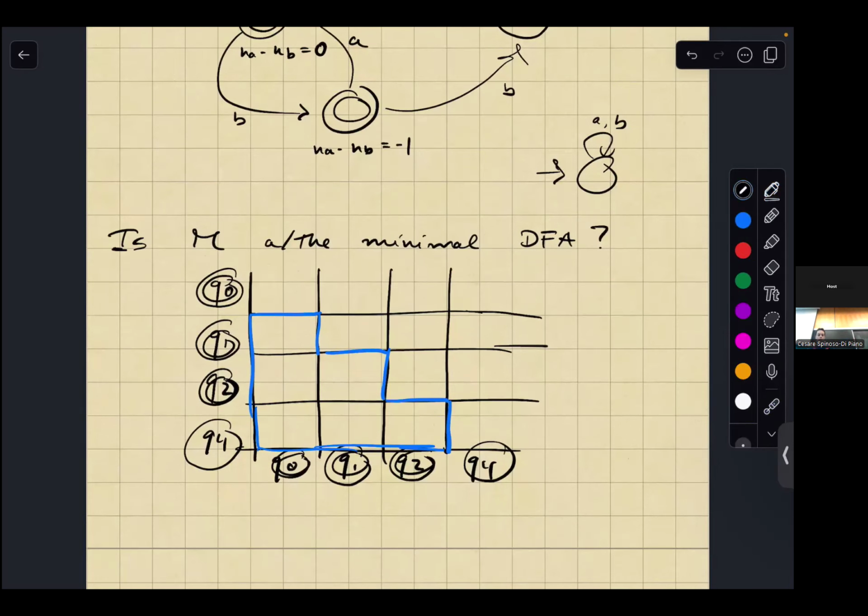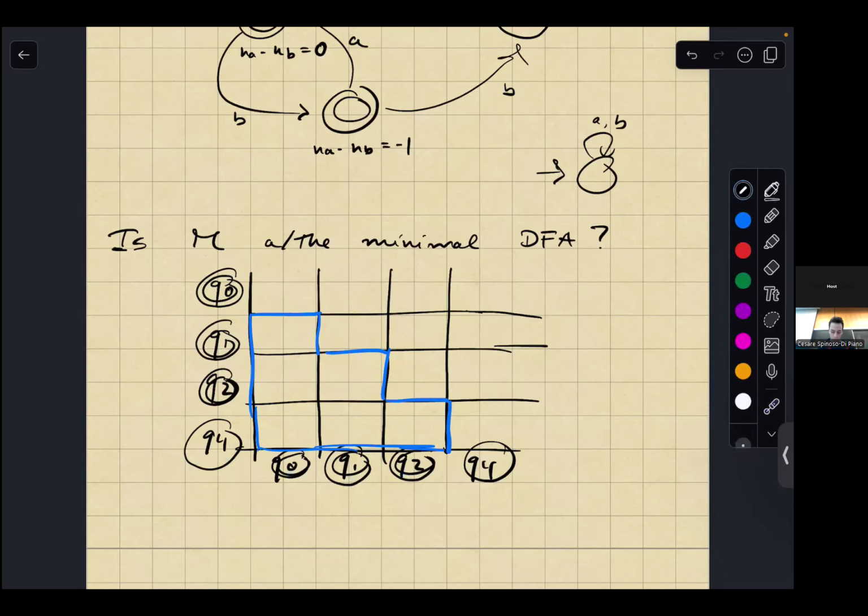The first step of my minimization algorithm after building the table is to check which pairs of states are accept and non-accept. The states that are accept and non-accept are definitely distinguishable, because they're doing two different things: one is accepting, one is rejecting. So I mark those with an X. Those are going to be Q4 with all these three.